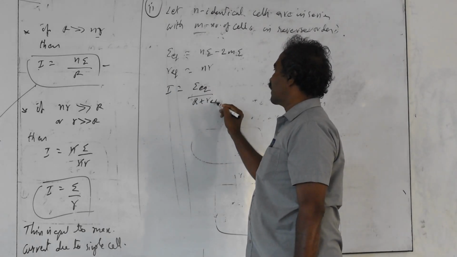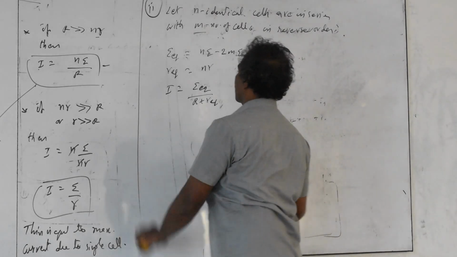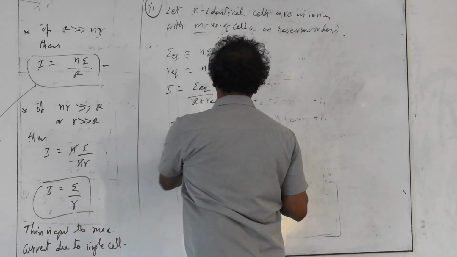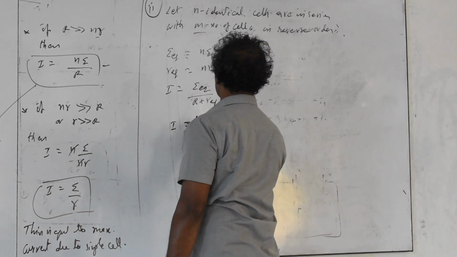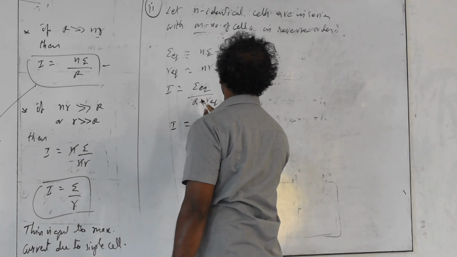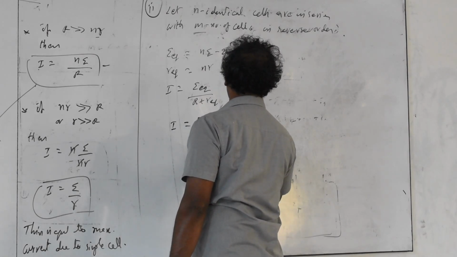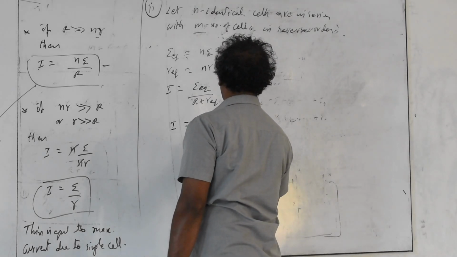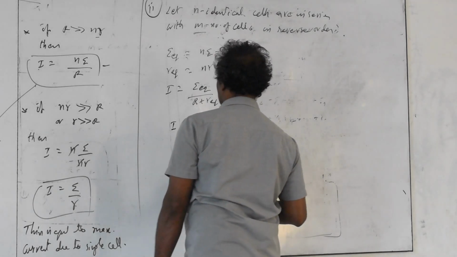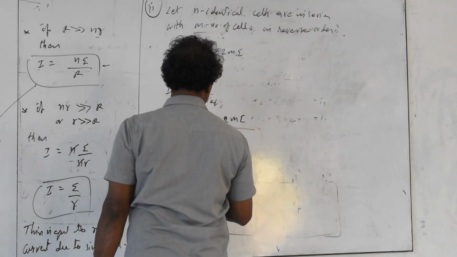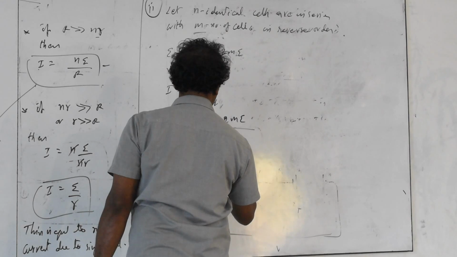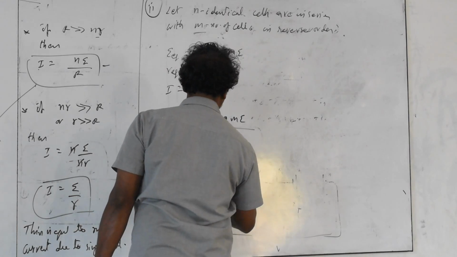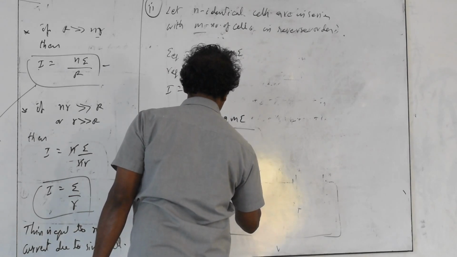That means current in the circuit becomes I equals NE minus 2mE by R plus Nr. E can be taken out, that's not compulsory but your choice. I equals E into N minus 2m by R plus Nr.